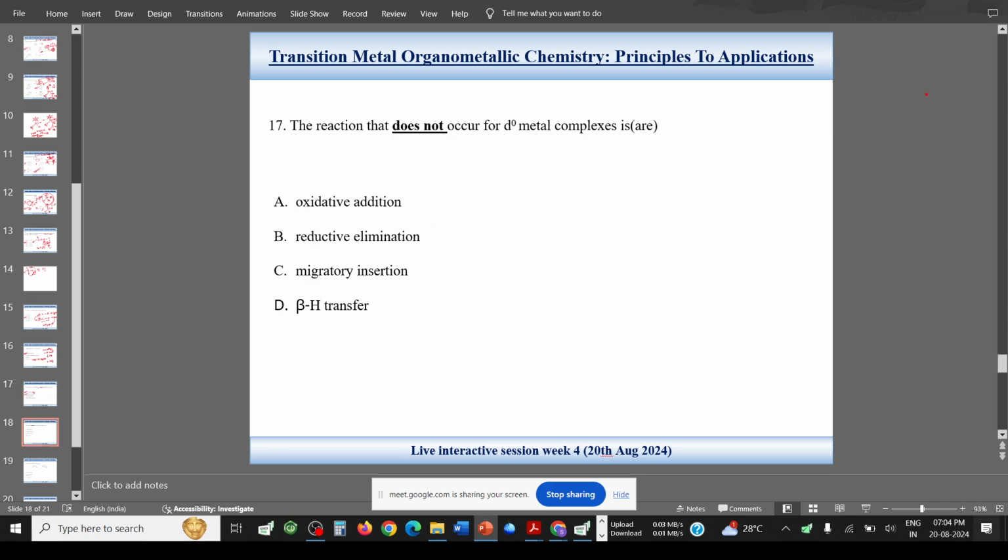Okay. Next question: the reaction that does not occur for d0 metal complexes.